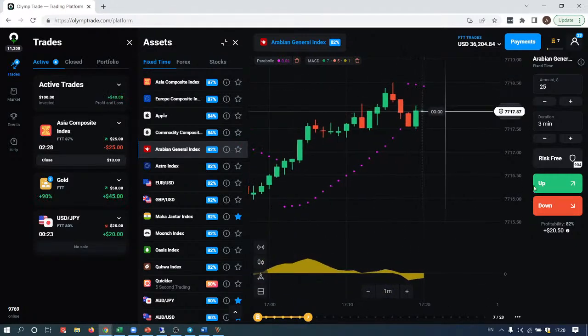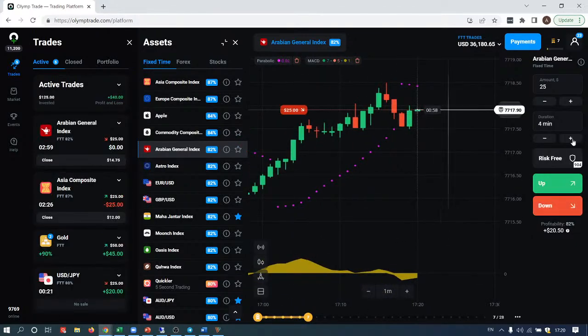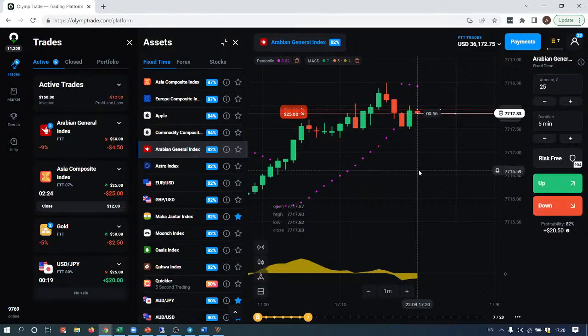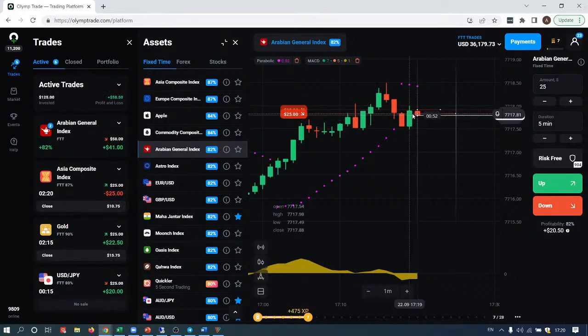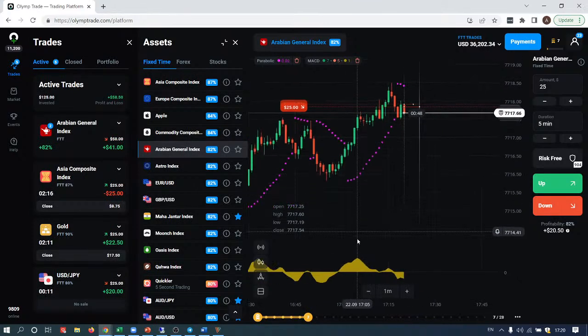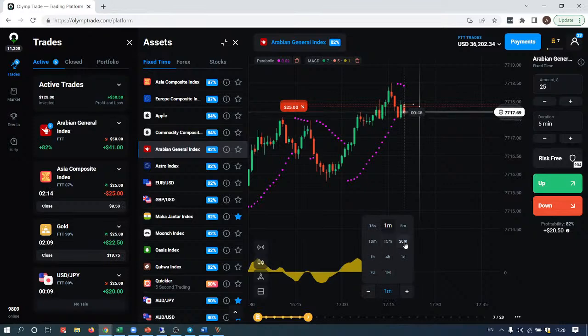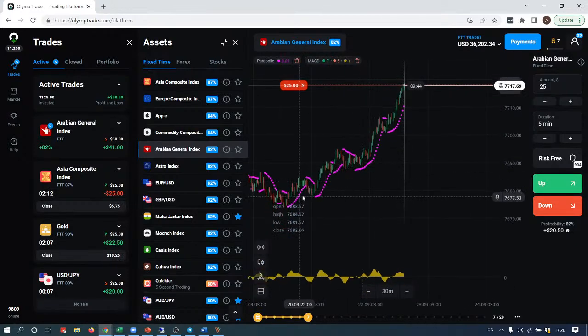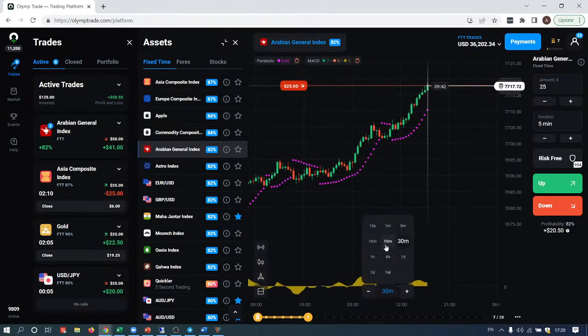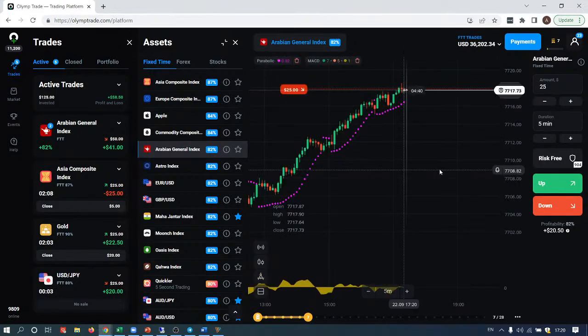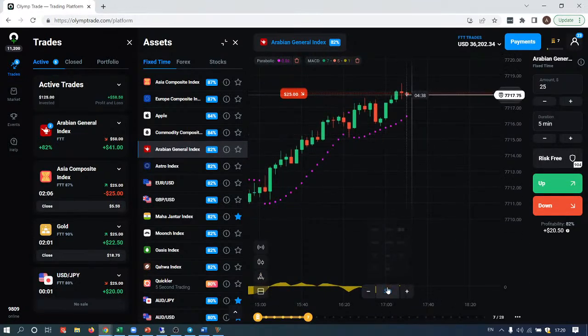Right, so I think we have a pretty good potential here with Arabian General Index for down trades, because we have really gone up a lot, and I think we are about to start our descent here.